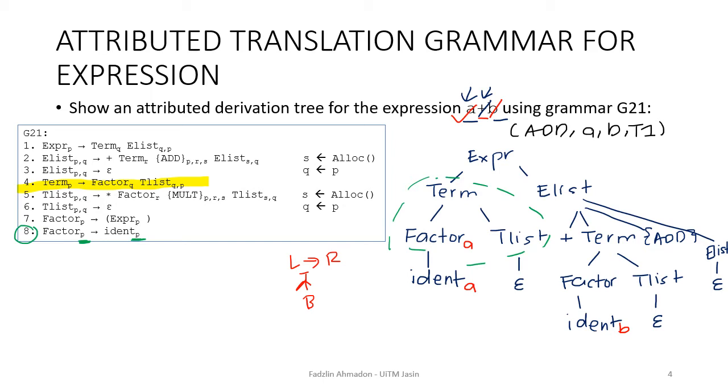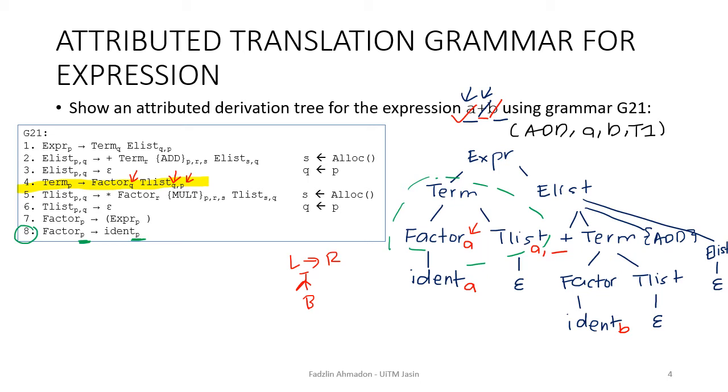So in this particular rule, we already know the value or the attribute for Q. And that attribute is A. We do not know yet the attribute of P. Because Q here has the attribute of A, the Q here must also get the attribute of A. So I'm going to write A, but we do not know the value of P yet. So the value of P is still blank.